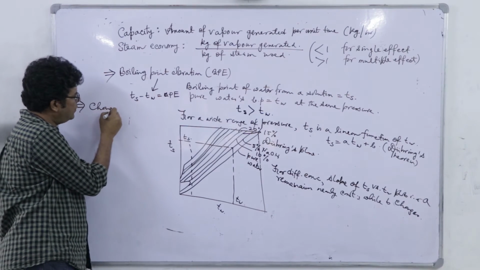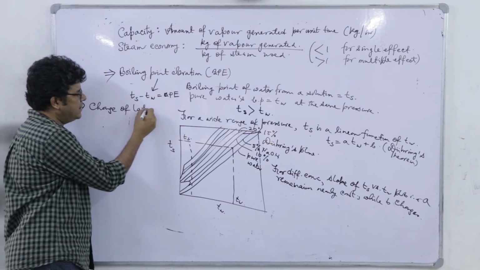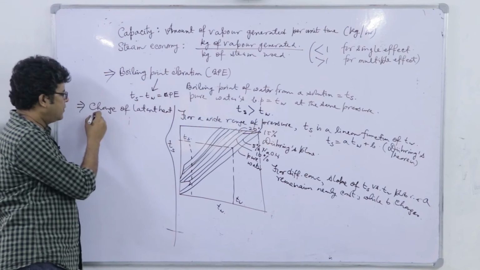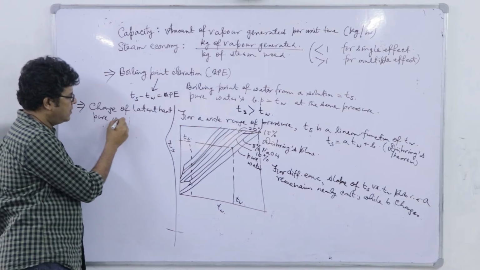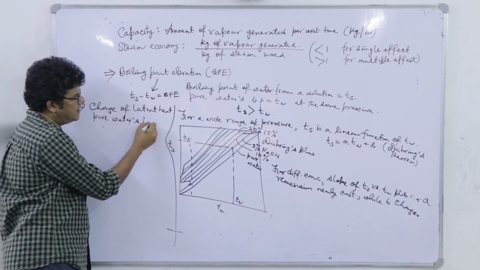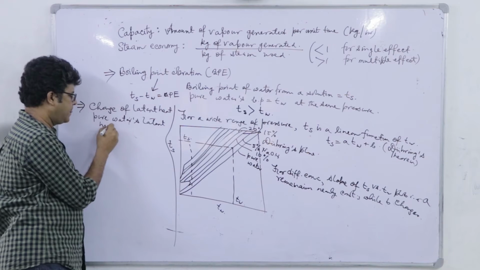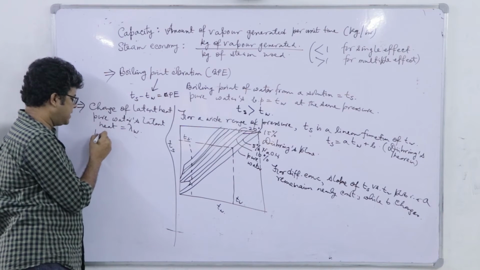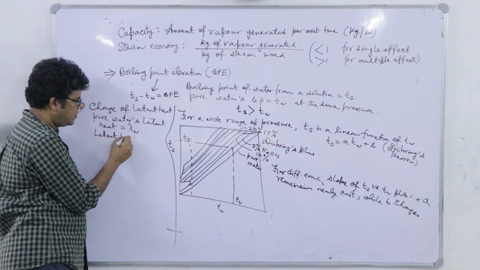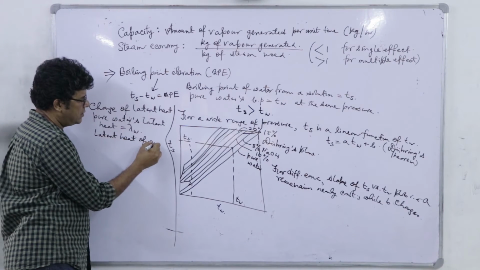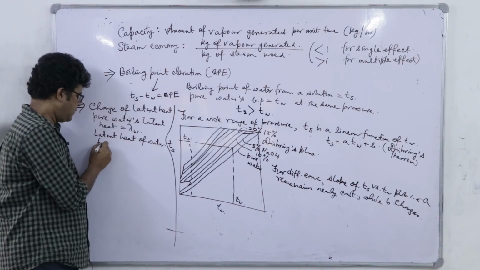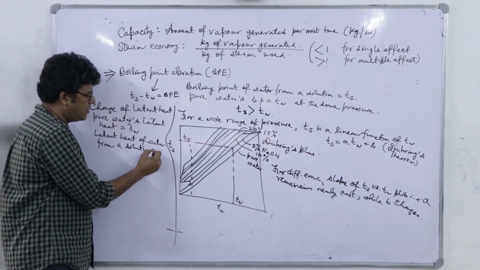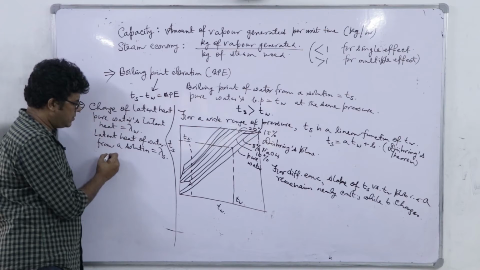Next there will be a change of latent heat as well, right? So, you see pure water's latent heat is lambda W, and the latent heat of water from a solution is lambda S. So, what is the relation?